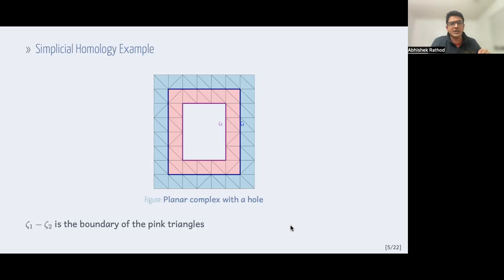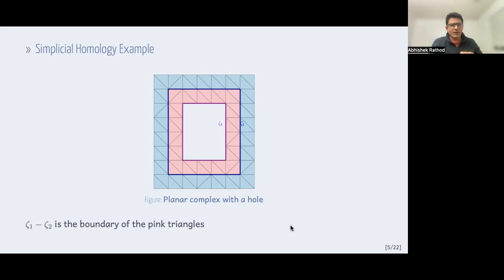And as you can see, zeta 2 minus zeta 1 is a boundary, and in particular is the boundary of the triangles that are shown in pink. So for this example, zeta 1 and zeta 2 are actually homologous. So this completes my description of this example.